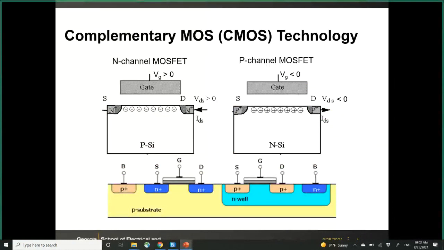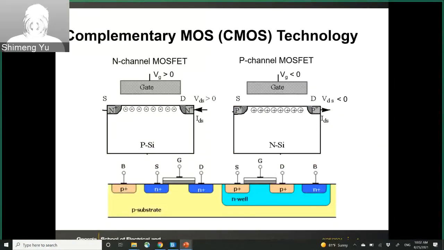And then here we are in this silicon CMOS industry. The industry is built on top of this CMOS technology. And we have NMOS and PMOS. For NMOS, when you have a positive gate voltage, you are going to turn on the channel. The channel will be inverted from P-type to N-type, which means electrons will be induced to form the channel.